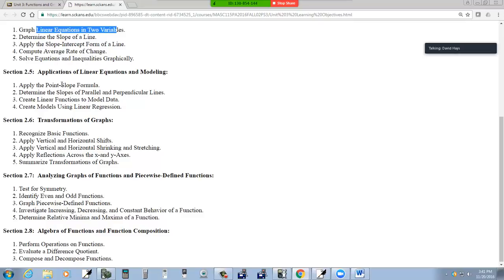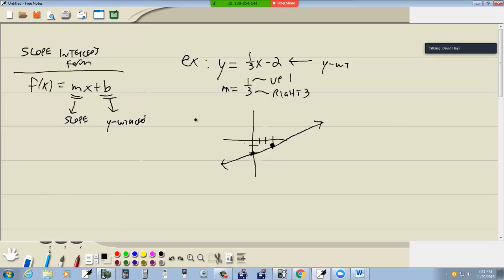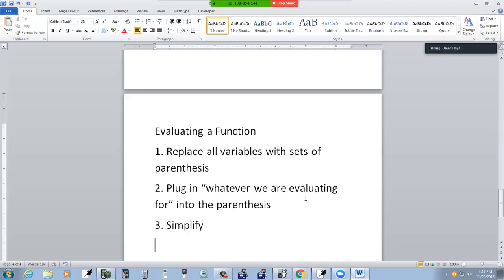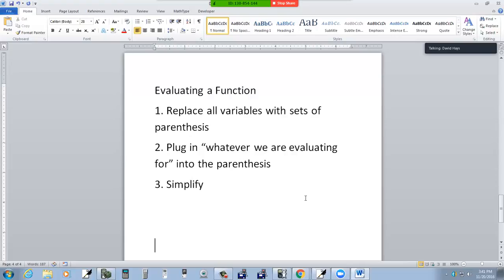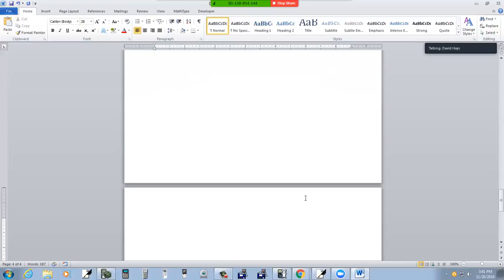And then we'll get down to here talking about the point-slope formula, although I don't use that. I have a different way of working those problems. If my instructions are to find the equation of the line: Step 1 is to find m.